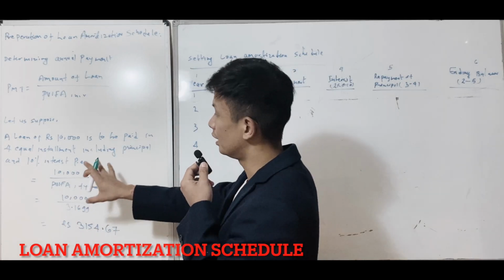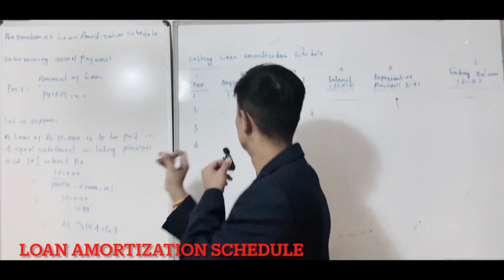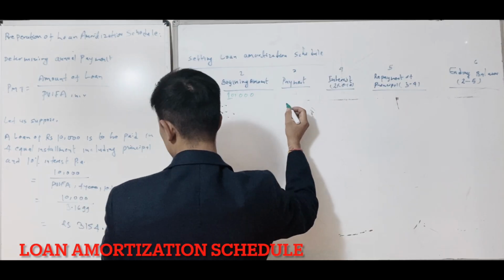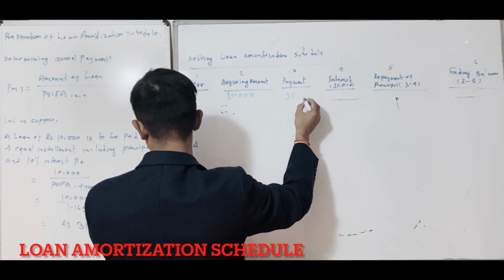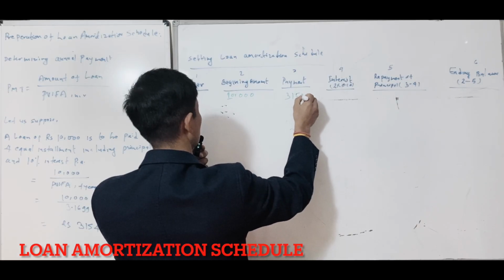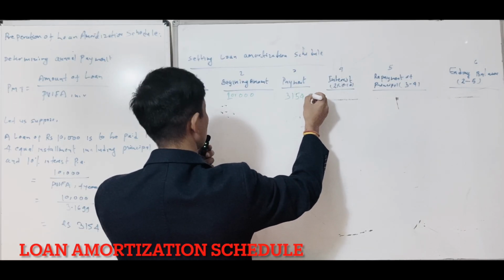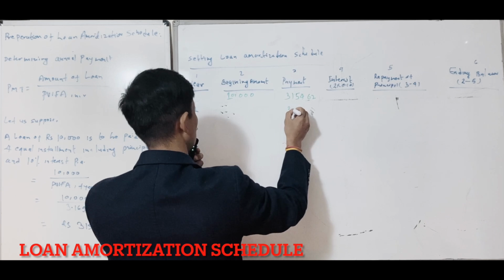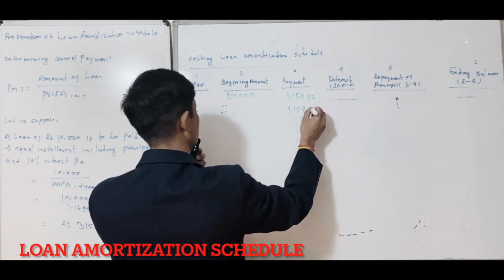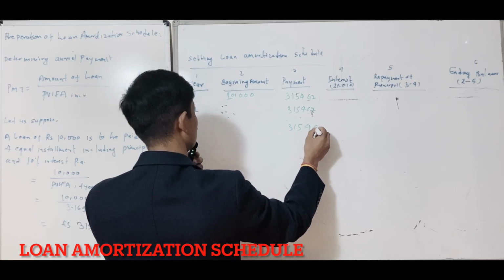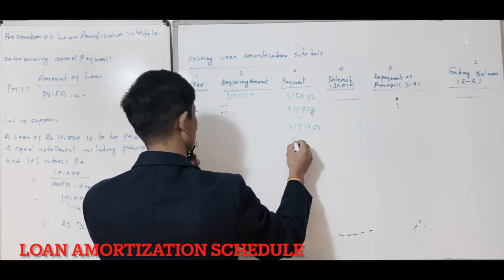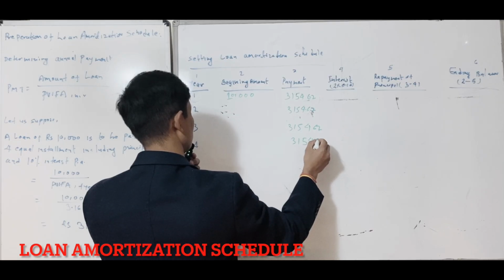This is the annual installment payment for 1 year. So we can put straight away 3154.67 for year 1, 3154.67 for year 2, 3154.67 for year 3, and 3154.67 for year 4.